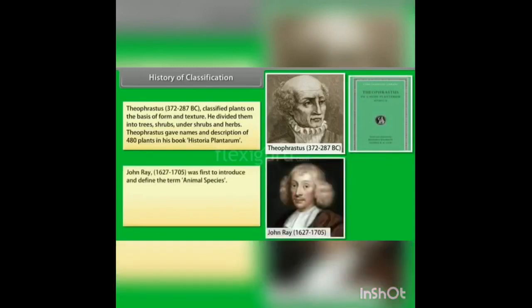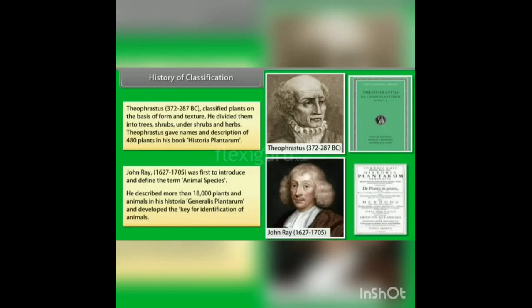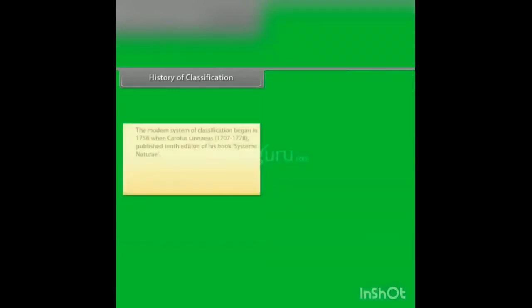Then comes John Ray, in year 1627 to 1705, who was first to introduce and define the term species. He described more than 18,000 plants and animals in his Historia Generalis Plantarum and developed the key for identification of animals.